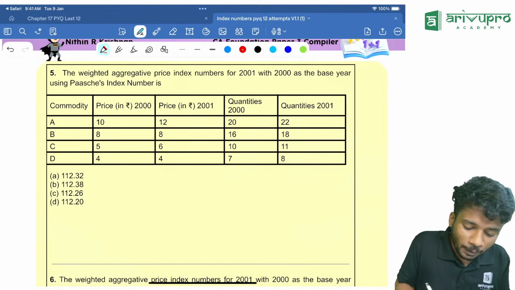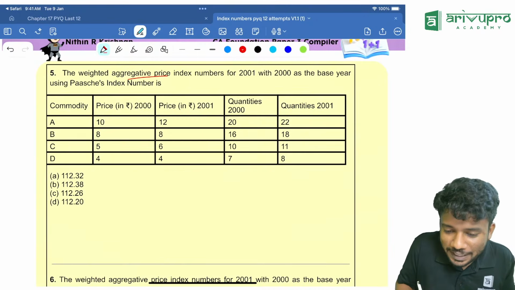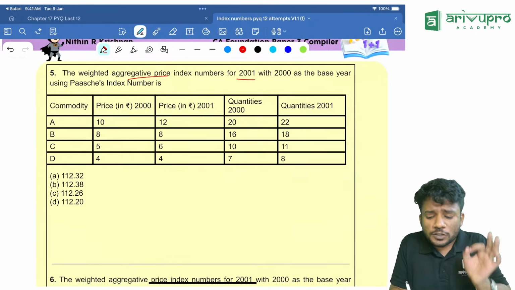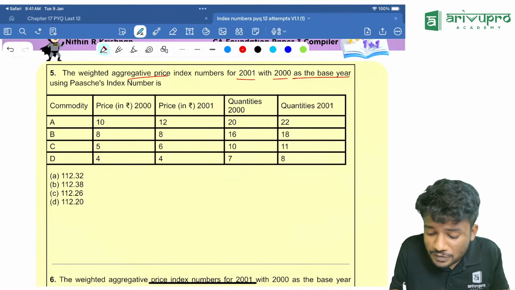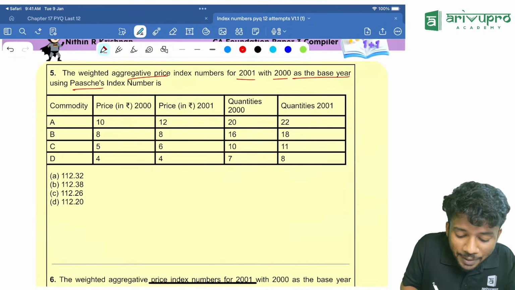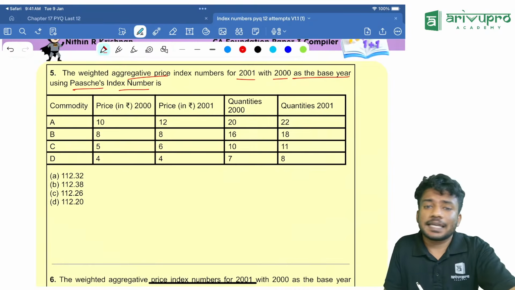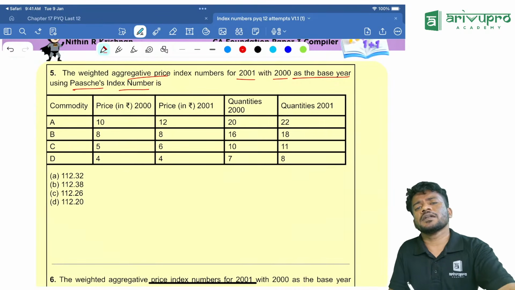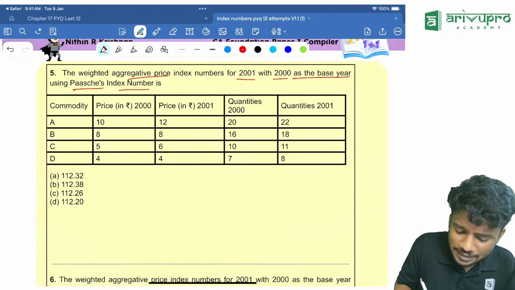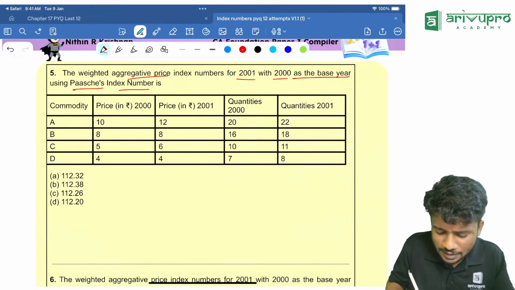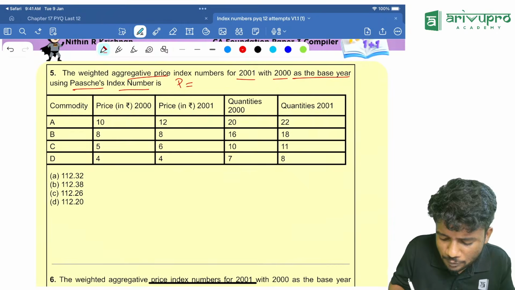Okay. Next one. The weighted aggregative price index number for 2001 with 2000 as the base year using Paasche index number is the question, people. First of all, do you know the formula for Paasche index number? We have already studied it. What is the formula? Paasche is equal to sigma.